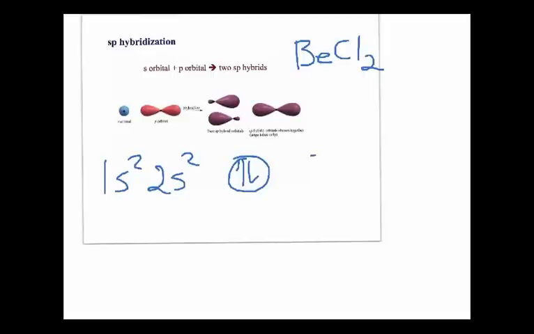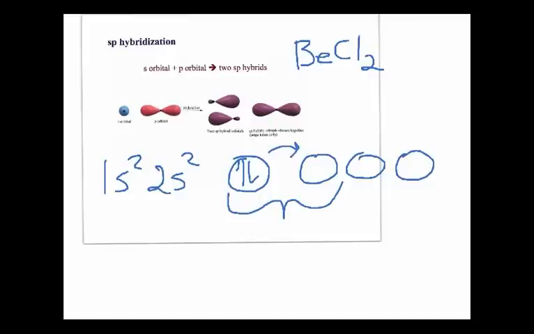But remember that we also have the p orbitals available. So the idea is that these two orbitals hybridize, and one of these electrons moves up like that. Then we end up with two orbitals that are now referred to not as an s and a p, but two sp.